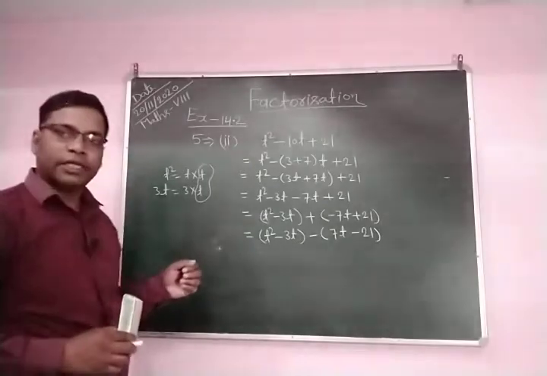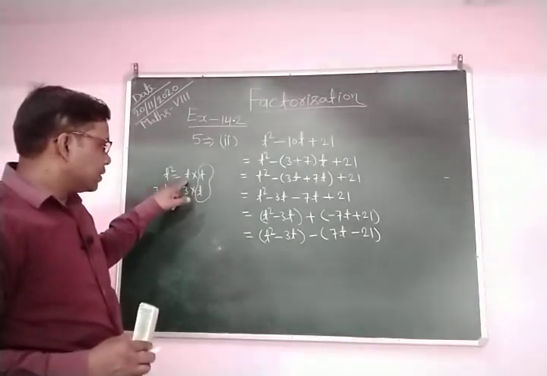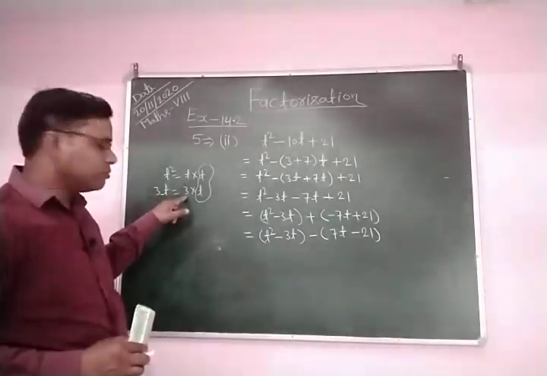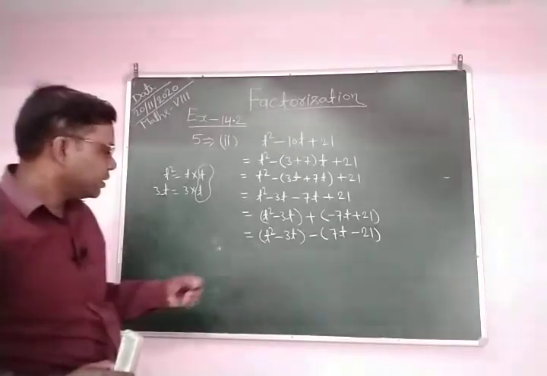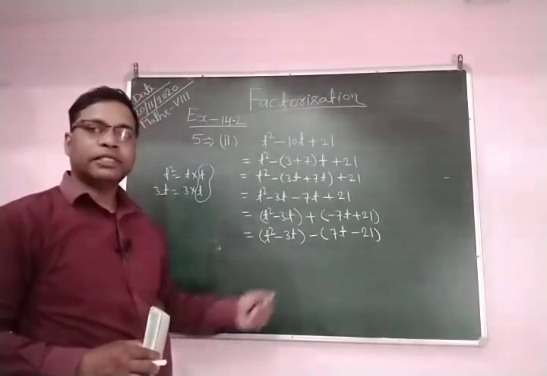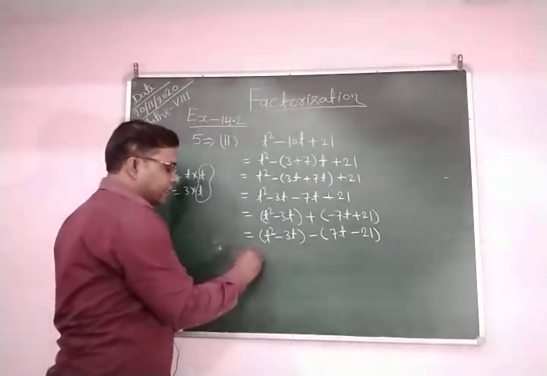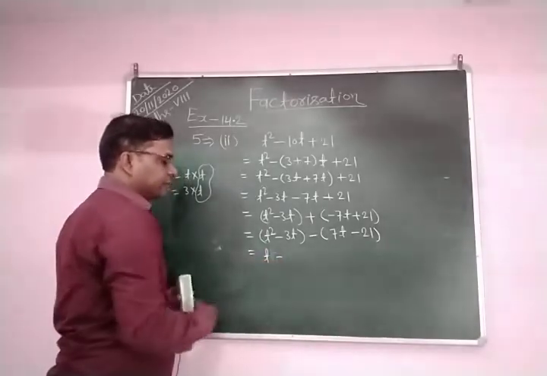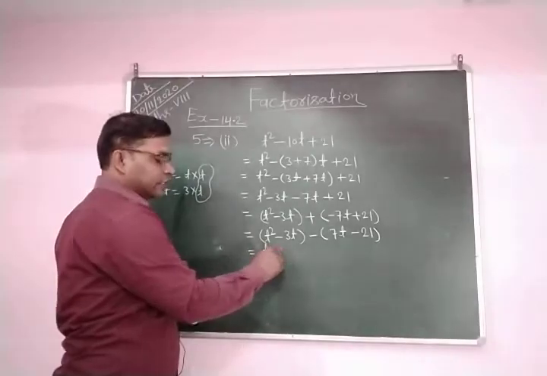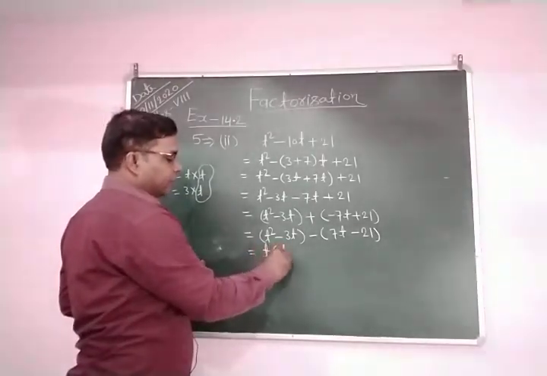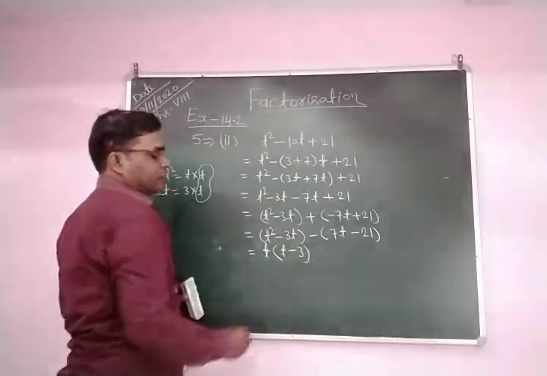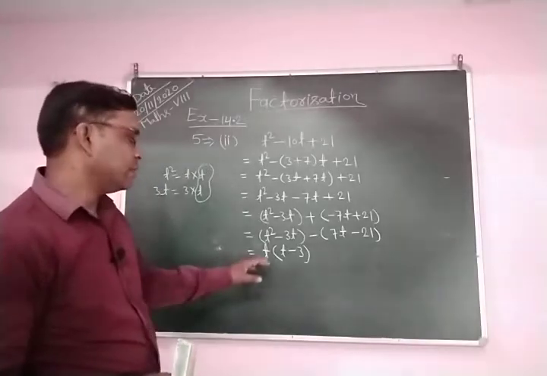T. If you take common t, then in the first term of the first group you obtain t as a remainder, and in the second term of the first group you obtain 3. So it means that if we take common t, then here we obtain t and here we obtain minus 3. Clear? So you can write t, take common t, and inside the bracket we obtain t minus 3.